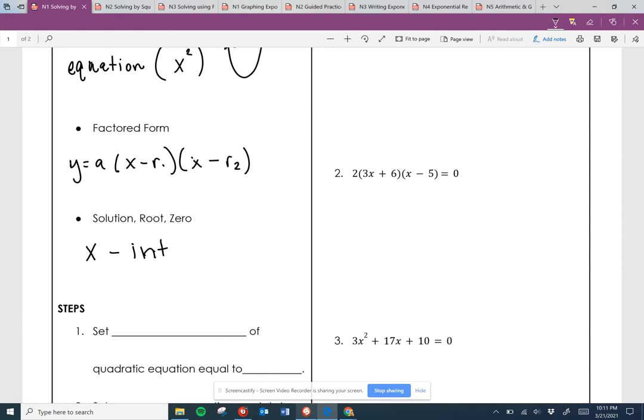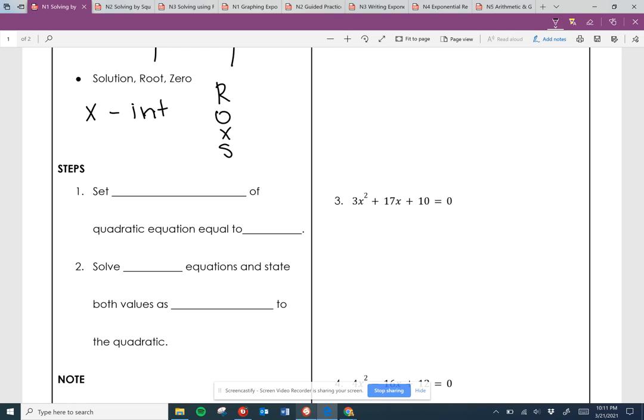We learned that acronym ROCKS earlier in the year, so we could remember all of those words, and we can find those using these numbers in factored form, which is also sometimes called root form. Okay, so the first thing is you're going to set the factors, which are going to be the parts that are in the parentheses, equal to 0.